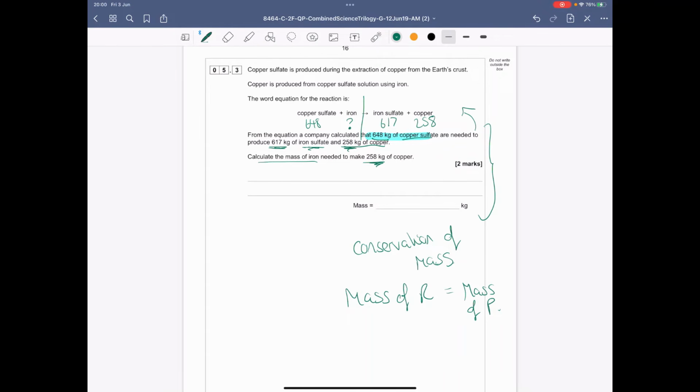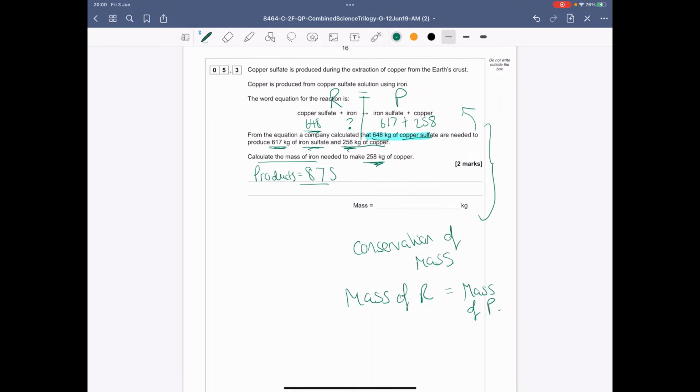Now, the rule of conservation of mass states that your reactant mass has to equal your products because you can't lose or gain atoms. So the easiest thing to do is add 617 and 258, which equals 875. So 875 is the mass of your products, and you know that it has to equal the reactants.